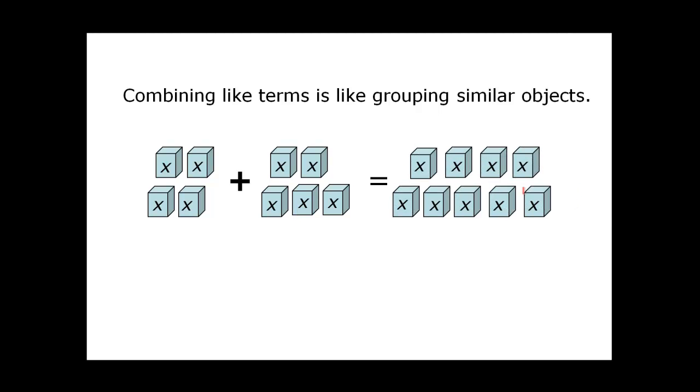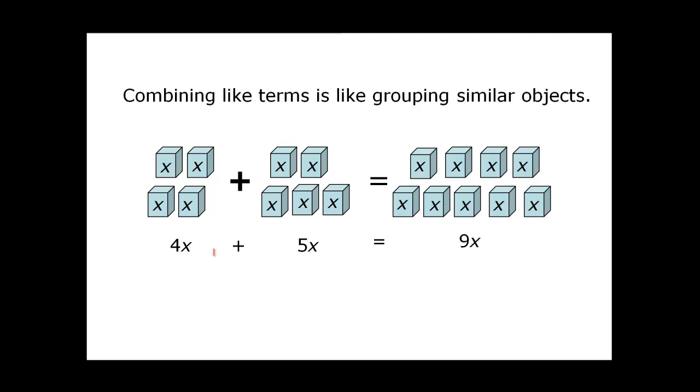It will be 9x. Correct? So when I have 4 from x and 5 from x, x is a variable, whatever it will be, the result will be 9x.